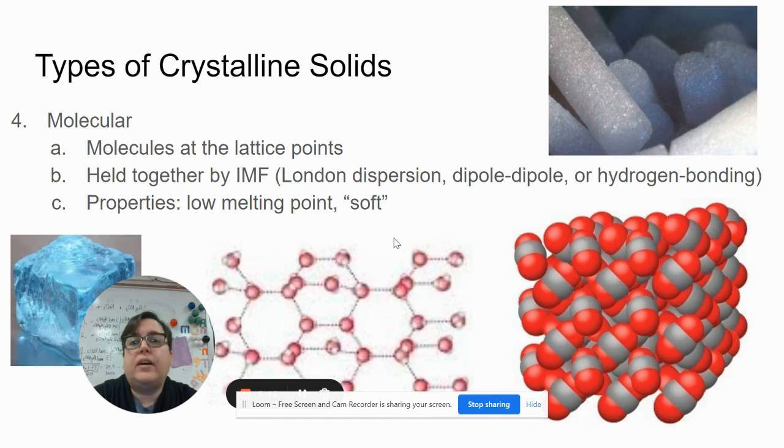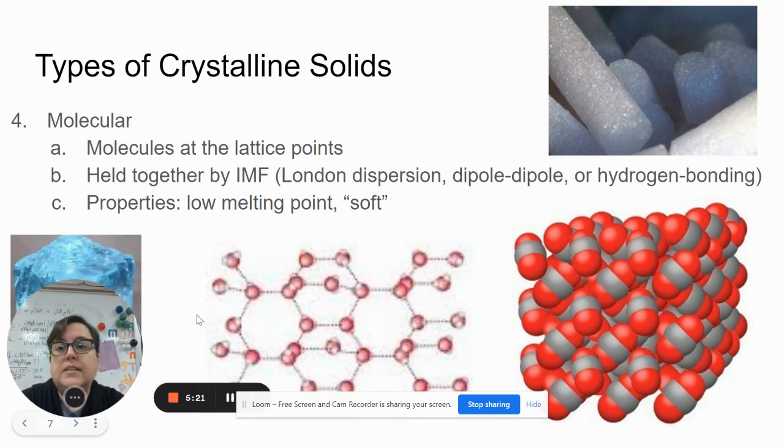And then we have our molecular crystalline solids. These have a covalent molecule at each point. So this is water, and you have the oxygen and then the two little hydrogens there. Those dotted lines represent that hydrogen bonding, that force of attraction.